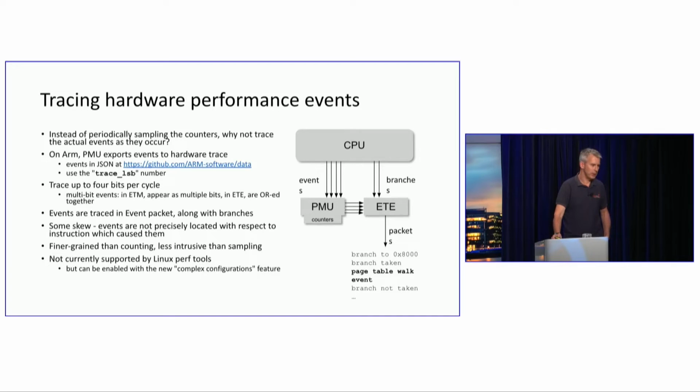This isn't currently exploited by perf tools, I think partly because, in terms of what you're asking perf to do on the command line, there's no conceptual mechanism for saying, let's ask for a PMU event and let's ask for trace and then somehow connect the two. But it's certainly something that could be supported.